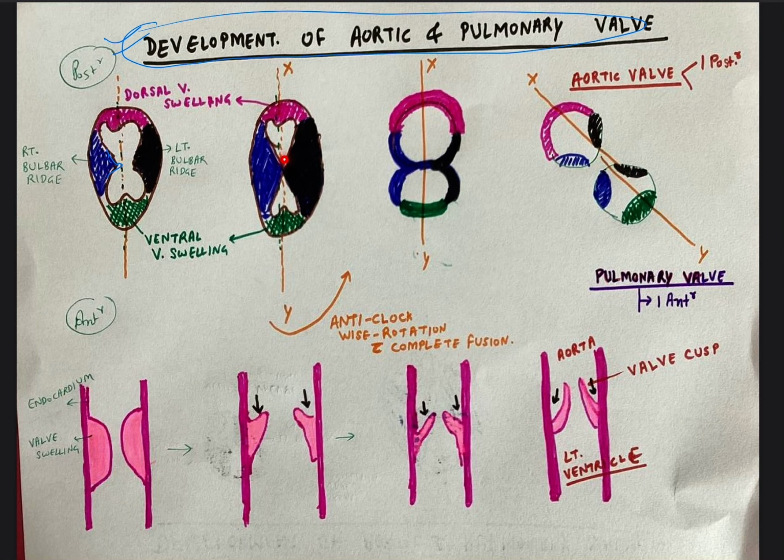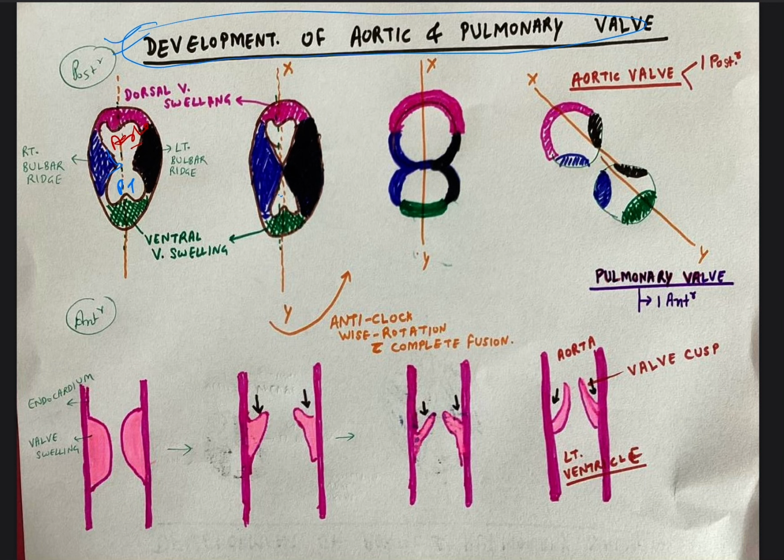When they meet each other, at the same time two more swellings start appearing. One anterior swelling is known as the ventral valvular swelling, and the posterior swelling is known as the dorsal valvular swelling. We are aware that the anterior part is the pulmonary trunk, while the posterior is the aorta.